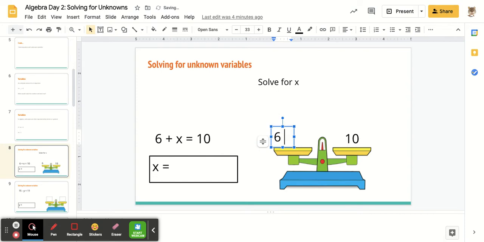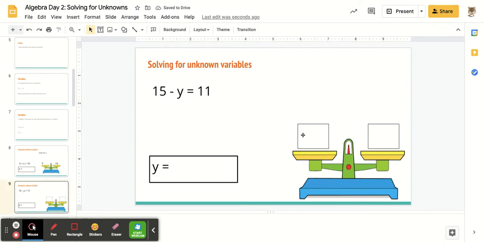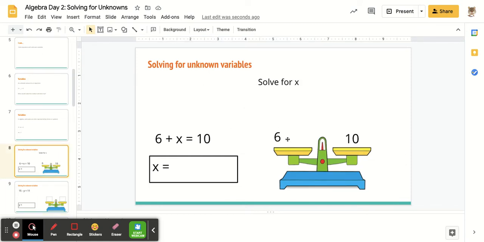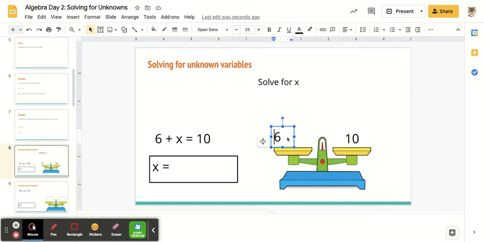We have 6 plus 4 equals 10. And I'm going to just drag this over so that it fits up here.